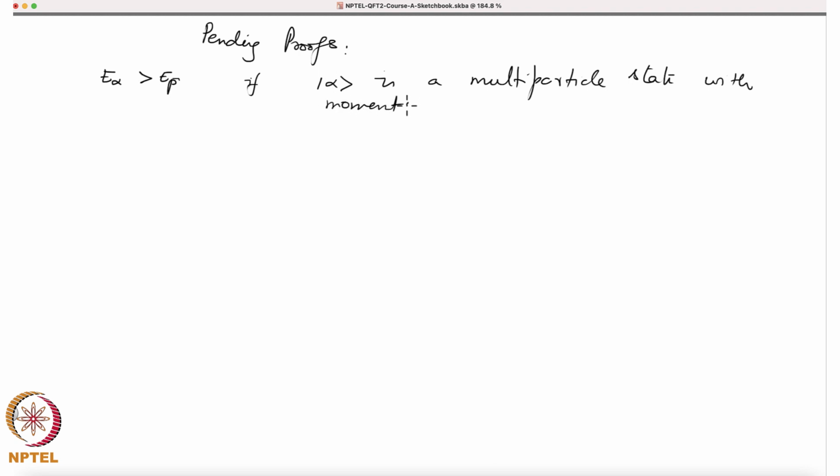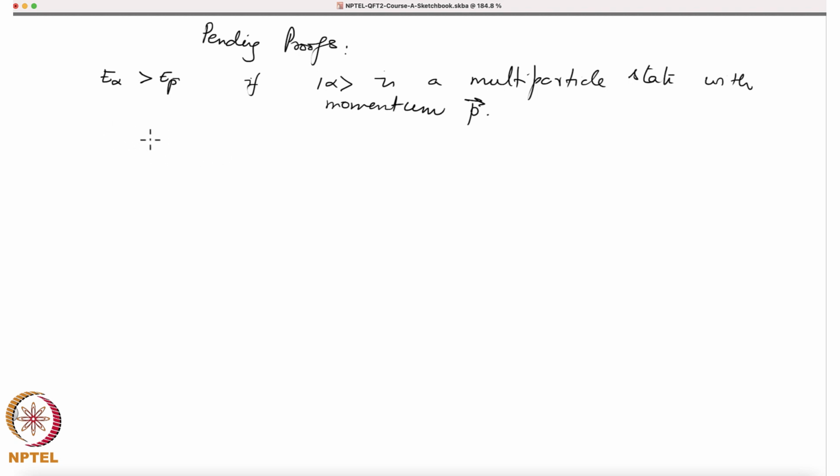So first is that E alpha is greater than E P if ket alpha is a multi-particle state with momentum P. I'll show this to you for a two-particle state, and from that you'll be able to convince yourself that this is true in general.